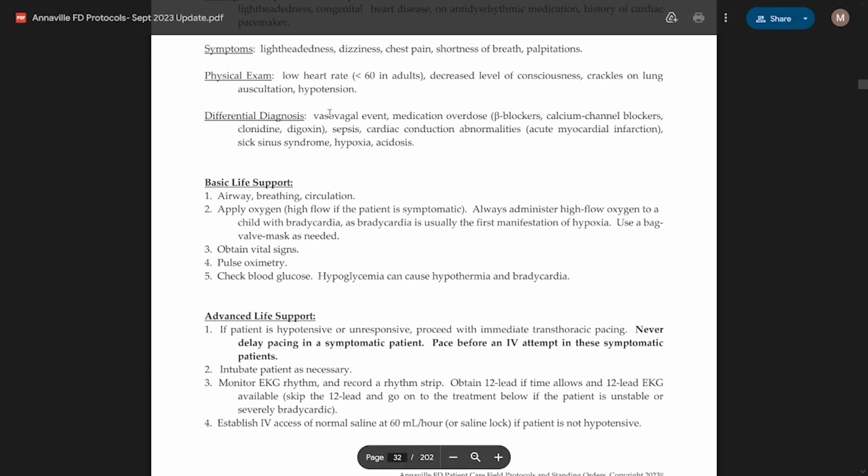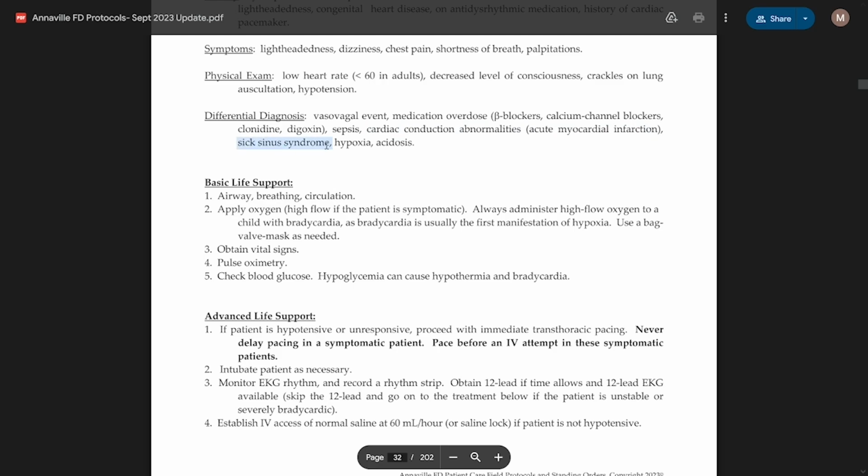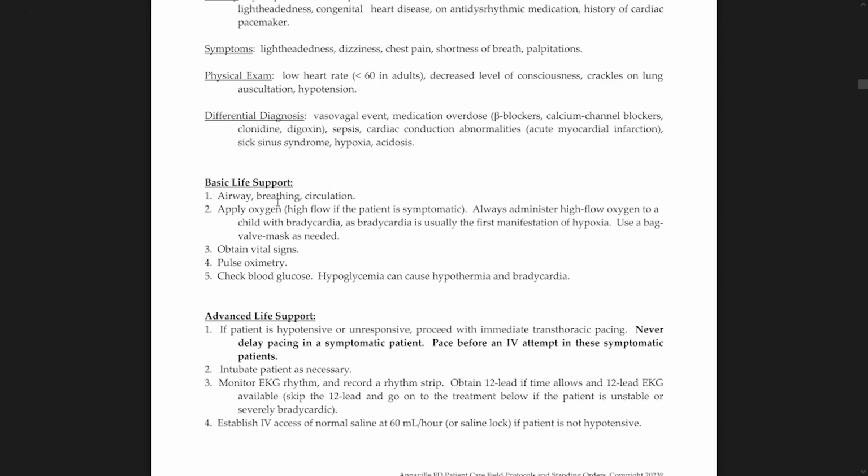Now, some differential diagnoses can be a vasovagal event, like a syncopal event, medication overdoses such as a beta blocker, calcium channel blocker, clonidine, or digoxin, sepsis, cardiac conduction abnormalities such as an acute MI or acute myocardial infarction, sick sinus syndrome, hypoxia, and acidosis.